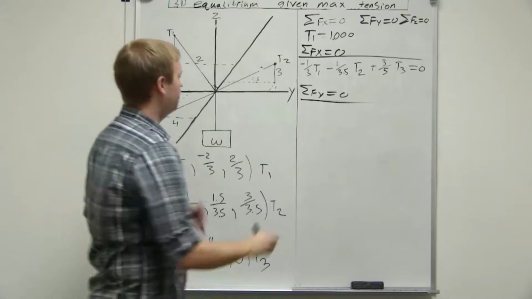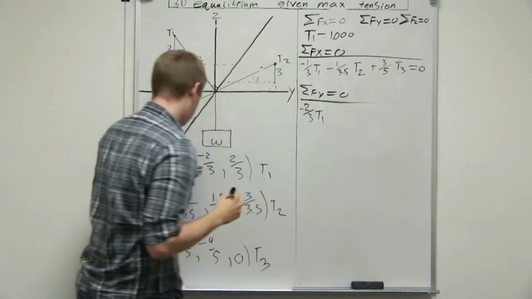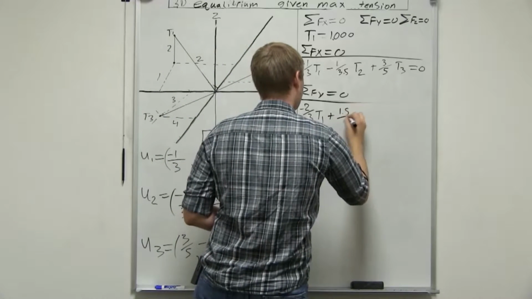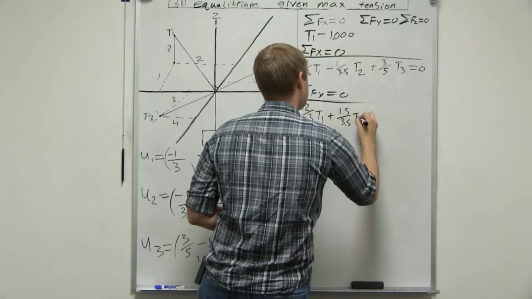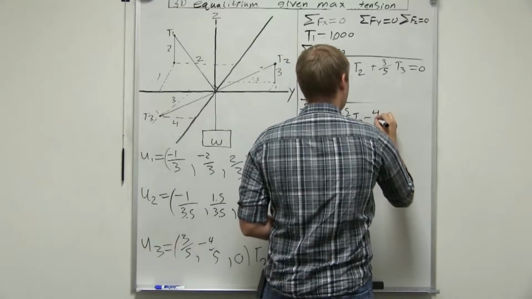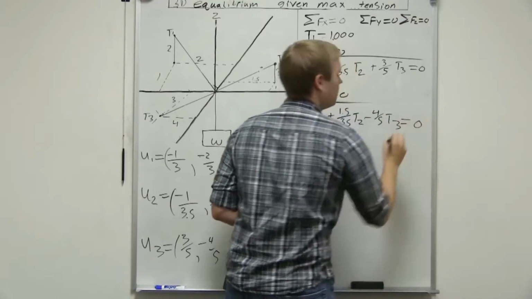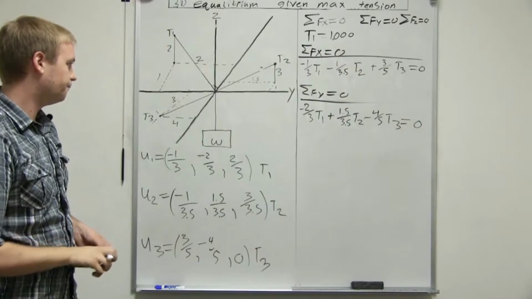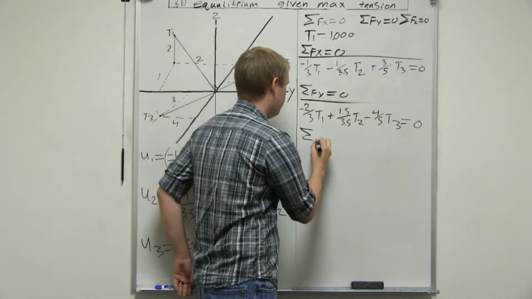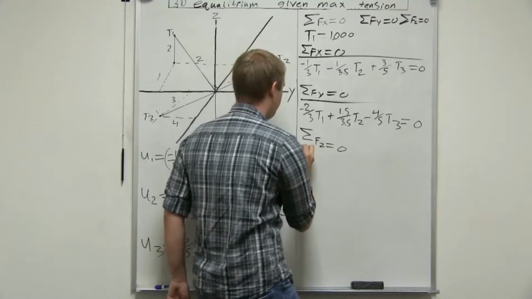We have -2/3 T1 plus 1.5 over 3.5 T2 minus 4/5 T3 all equals 0.